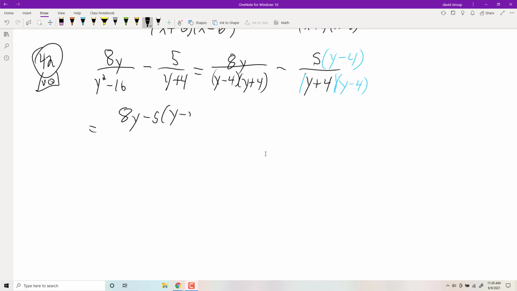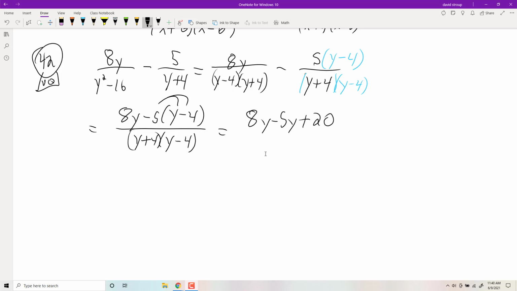So 8y minus 5 times y minus 4 over y plus 4, y minus 4. Okay, distribute. So I get 8y minus 5y plus 20 all over y plus 4, y minus 4. 8y minus 5y is 3y, then plus 20 all over y plus 4, y minus 4.